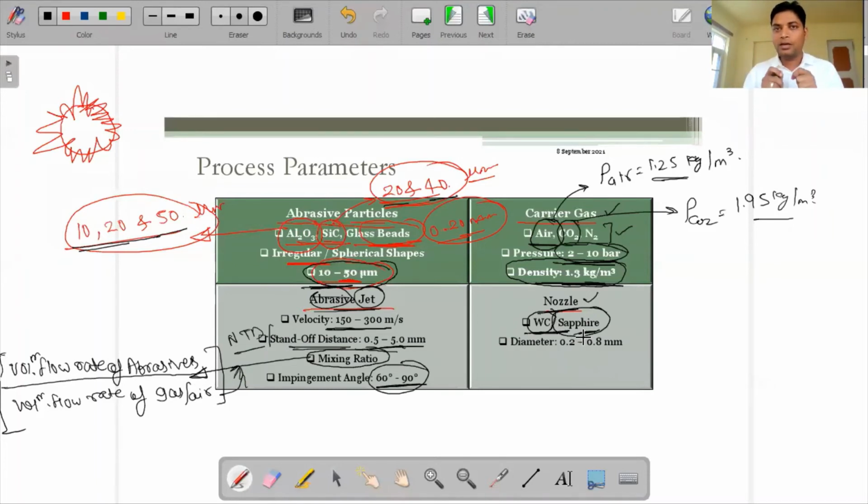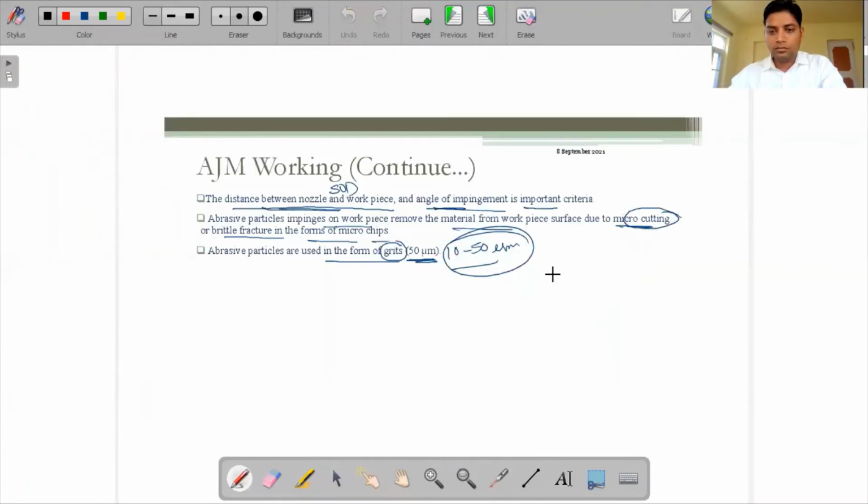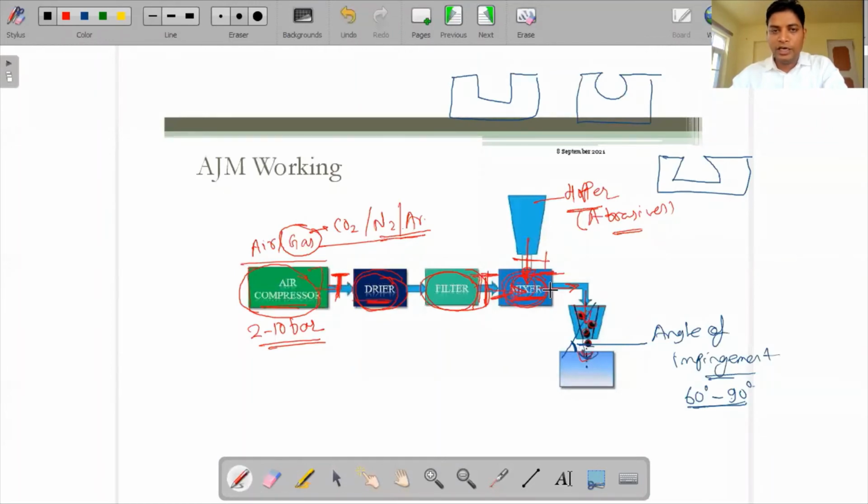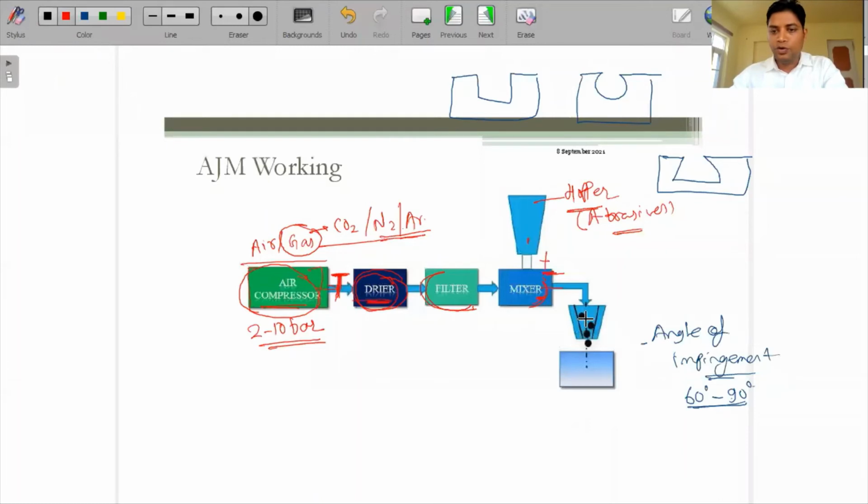But here the abrasive particles are moving with very high velocity along with the gases, so we have to keep in mind that definitely they will collide. When moving inside, no doubt it will not move in a straight line. It will definitely collide with the adjustable boundaries or the boundaries of this nozzle.